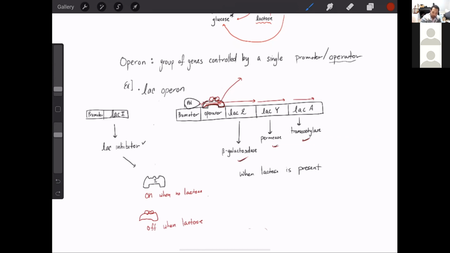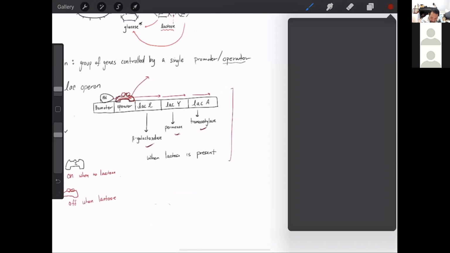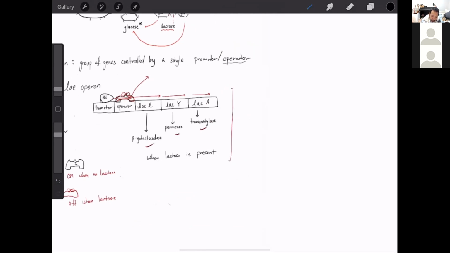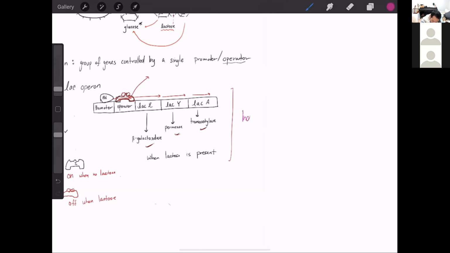So ultimately, we call this type of operon an inducible operon. Think about what that means for a moment. Inducible means we can turn it on. We can switch this whole thing on. That's what inducible means. It means that it's off by default, and it's turned on when needed.